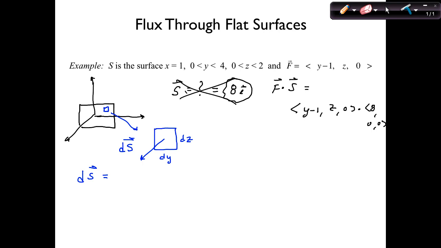So yeah, that's the magnitude of it, right? The magnitude is dy dz, but what's the vector? Right, dy dz, comma, 0, comma, 0. The magnitude is the area of the element, and the direction is what? Orthogonal to the surface.